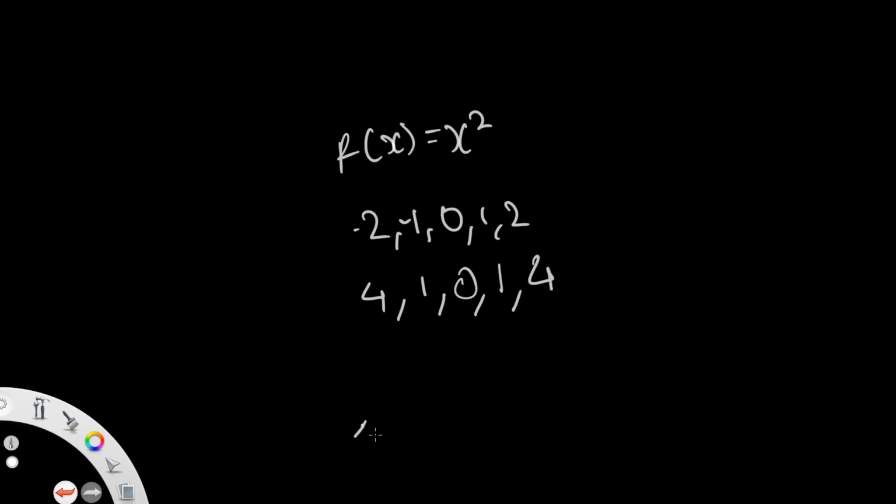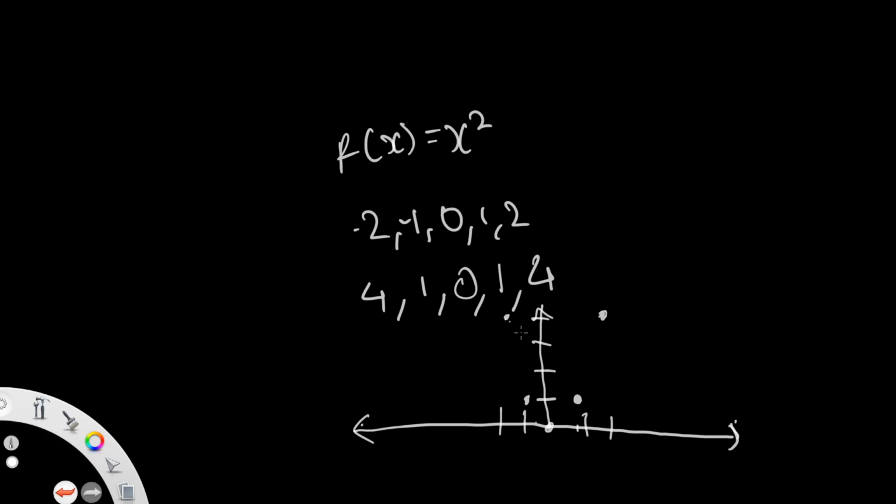If on a graph we looked at these values, so this is the x and y, -2 gives us 4, -1 gives us 1, 0 gives 0, 1 gives 1, and finally 2 gives 4. And this is a parabola for this function.